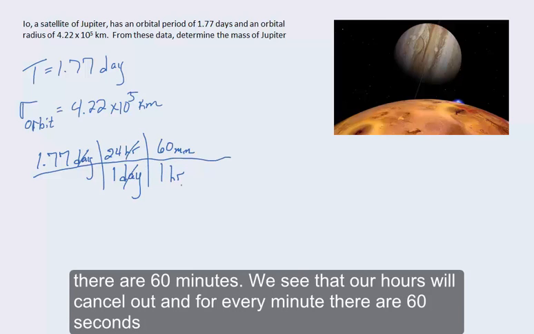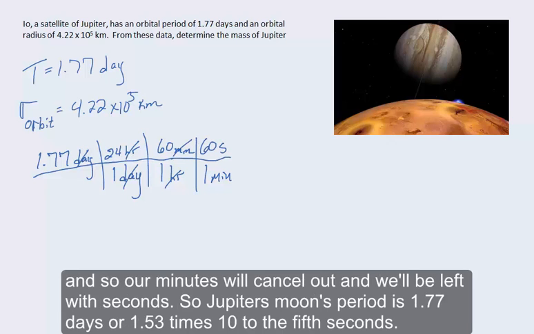You see that our hours will cancel out, and for every minute, there are 60 seconds. And so our minutes will cancel out, and we'll be left with seconds. So Jupiter's moon's period is 1.77 days, or 1.53 times 10 to the 5th seconds.